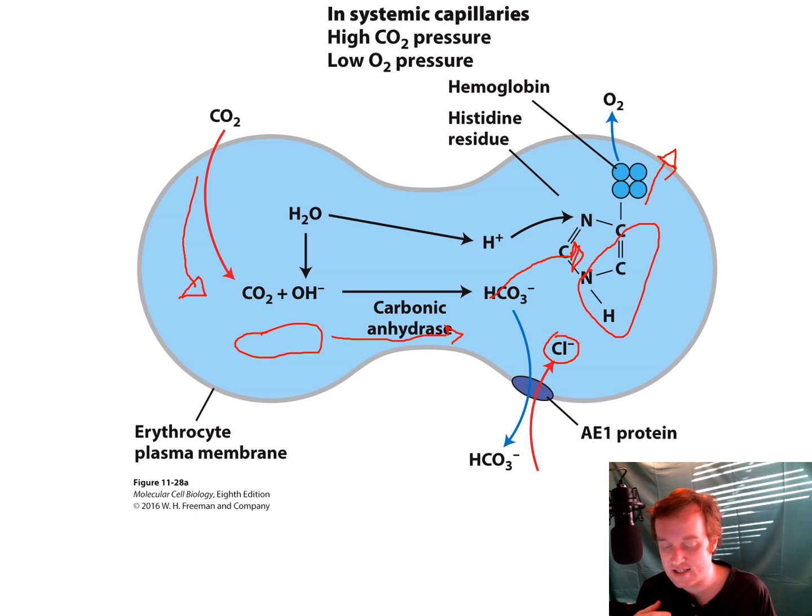Like I said, this maintains the pH, because we don't want to pump all of our negative ions out and not replace them with anything, because then we're changing the pH of our erythrocyte, and eventually it's going to get very extreme, because we're generating all these hydrogen ions with no negative ions to counteract them.